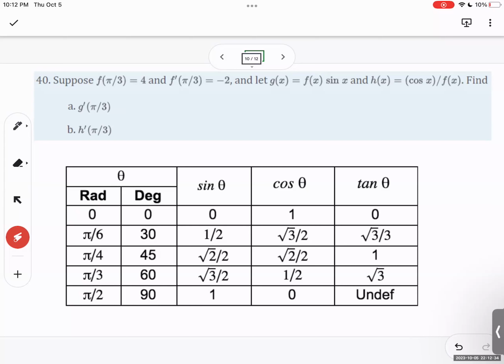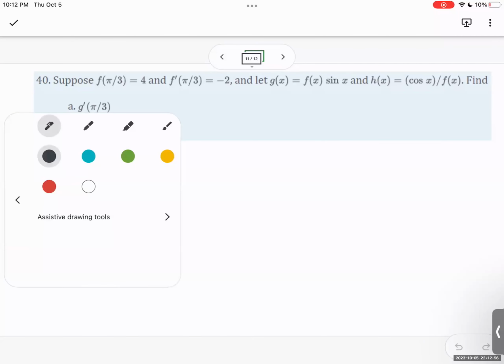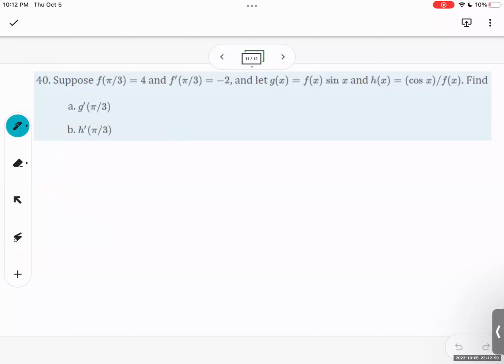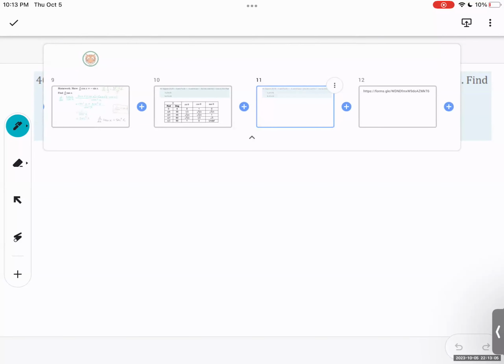So we can calculate sine of theta at pi over 3 and cosine of theta at pi over 3. So we'll come back to this chart to reference our values. But let's see if we can solve for g prime of pi over 3 and h prime of pi over 3.